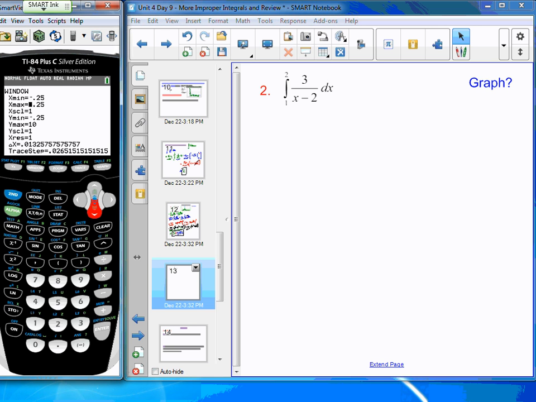And my y values, I'm going to go back towards 5. Let's see what that does for us. So in between 1 and 2 would be right in here, and I'm not seeing anything, so that's not so good.